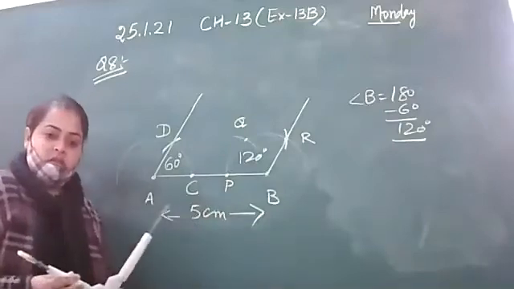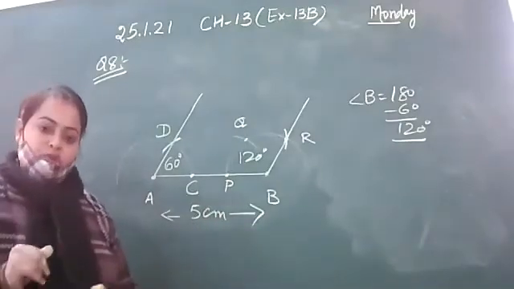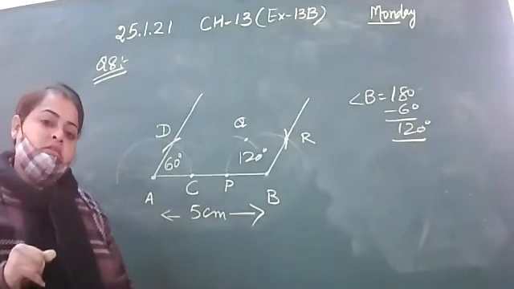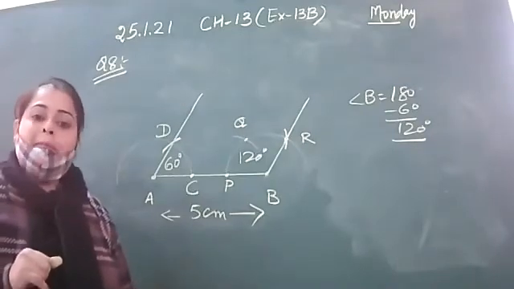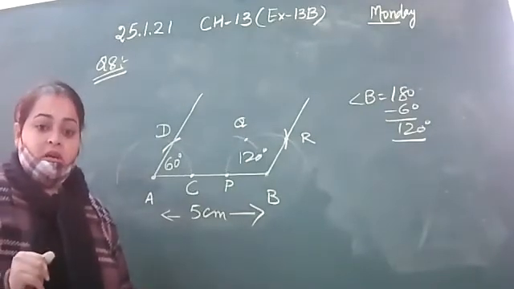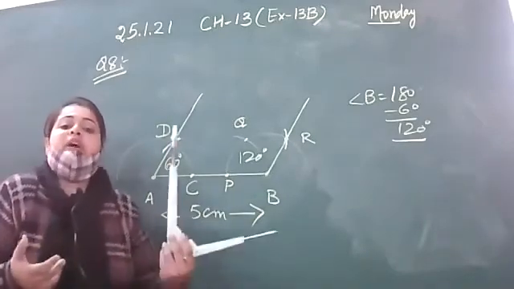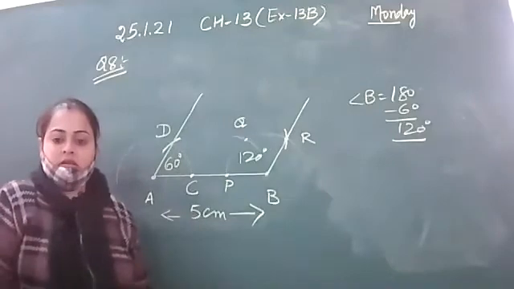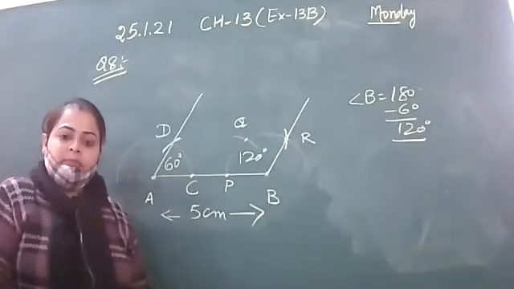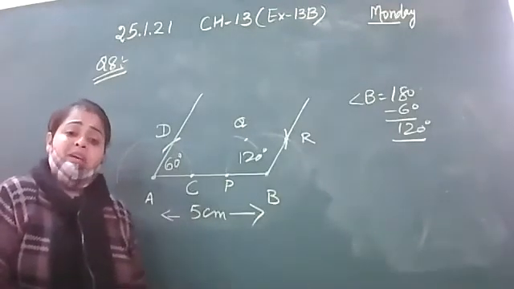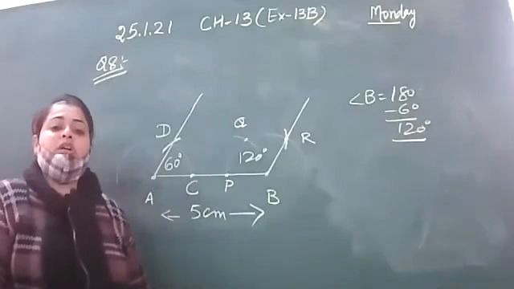What is the reason? In the previous question, after the construction of angles, we opened our compass 5.9 centimeter. Why? Why in this question also do we open our compass 5 centimeter? If yes, then write down in the chat box.